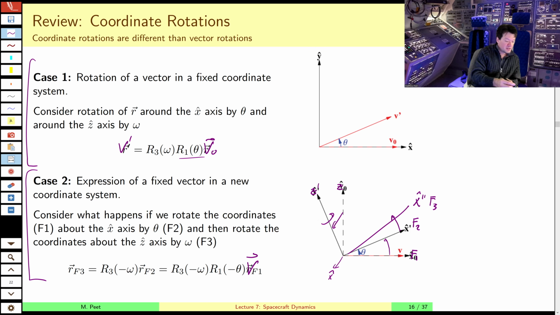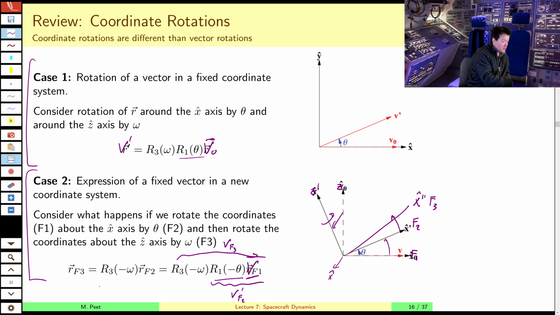To do that, those coordinate rotations again, the angle is negative, but the order is the same. We're first applying the negative rotation about the F1 coordinates to get that same vector in frame 2, or let's call it VF2. And then we do another rotation about VF2 to get V as expressed in F3.